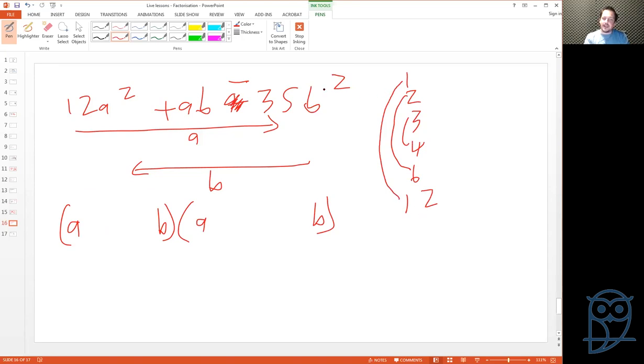All right, and factors of 35. 1, 35. 3 doesn't, 5, 7, done. So by doing this, I'm pretty sure that we're not going to be using 1 and 35 to get to a middle of 1. So let's try a 5 and a 7.